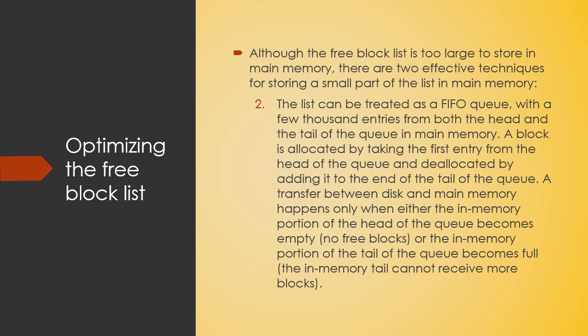A transfer between disk and main memory happens only when either the in-memory portion of the head of the queue becomes empty, no free blocks, or the in-memory portion of the tail of the queue becomes full, the in-memory tail cannot receive more blocks.